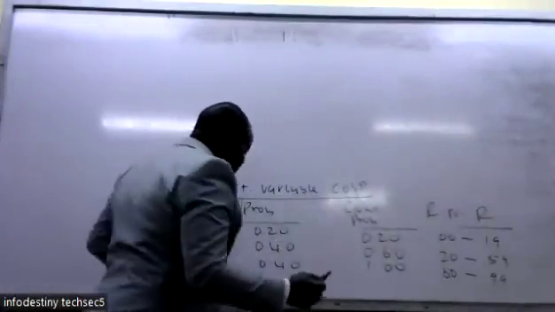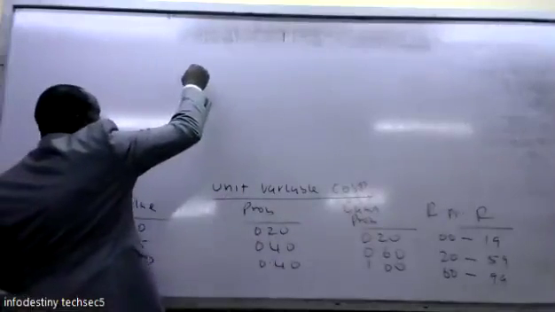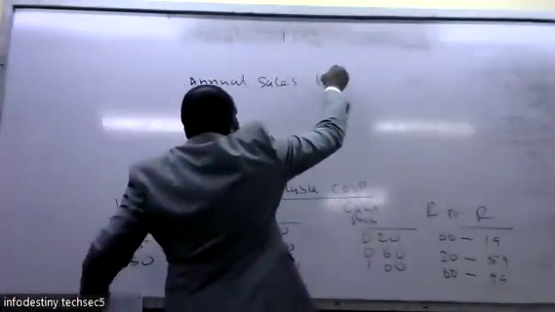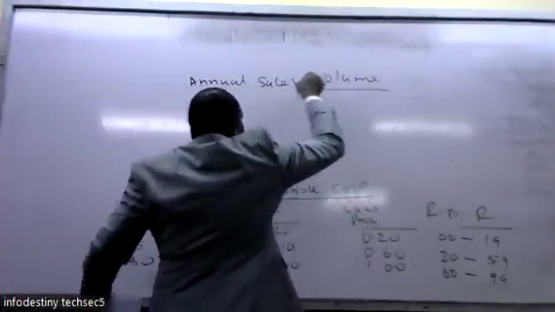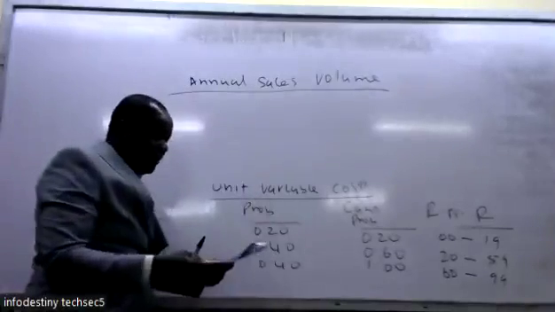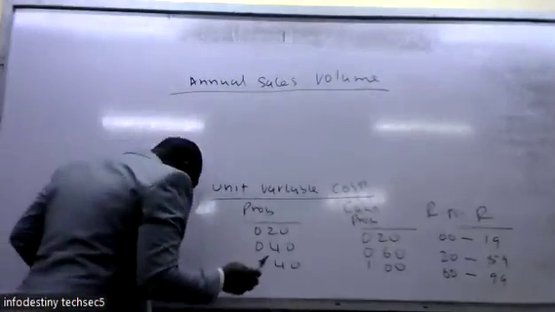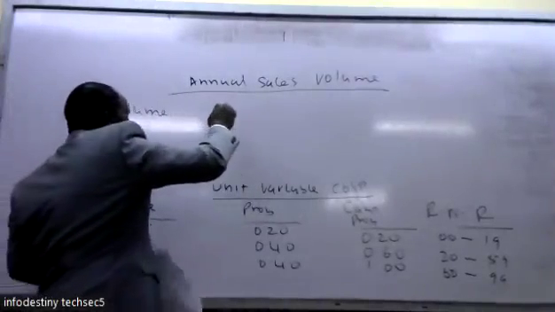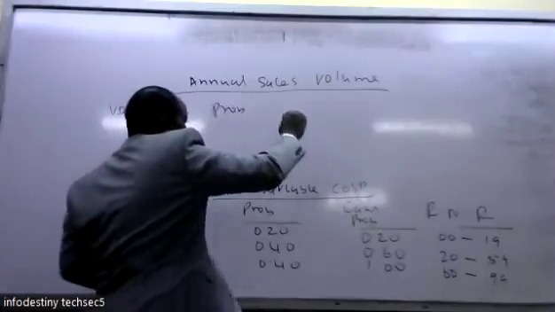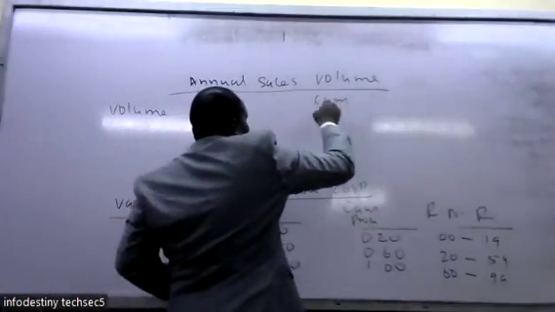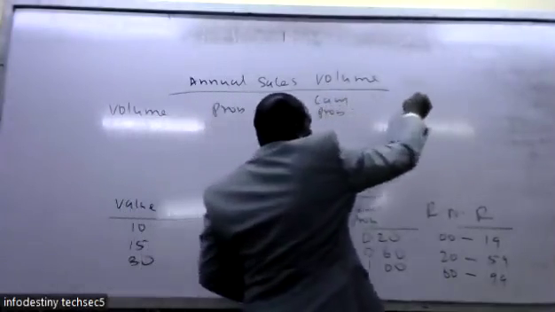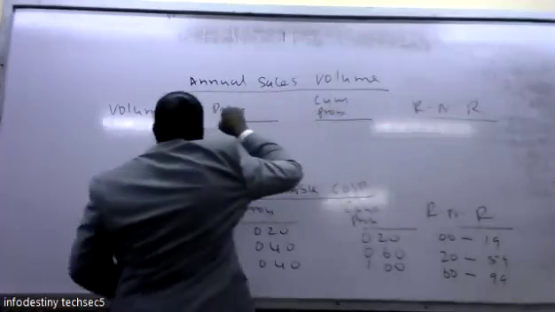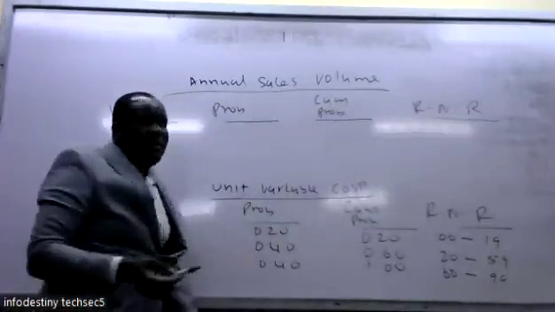When it comes to the annual sales volume, it will also be the volume, then probability, cumulative probability, then random number range. Like that. The random number range.